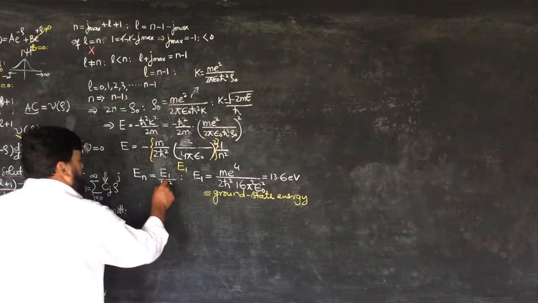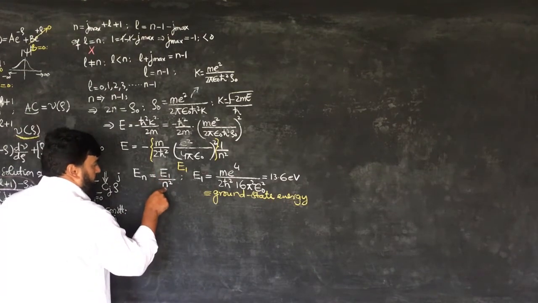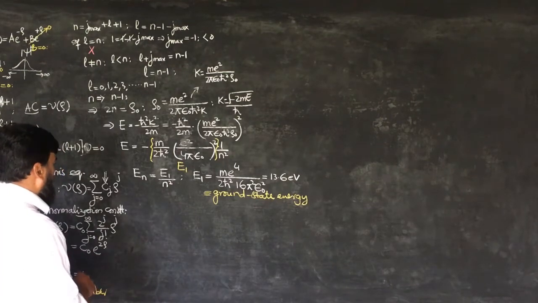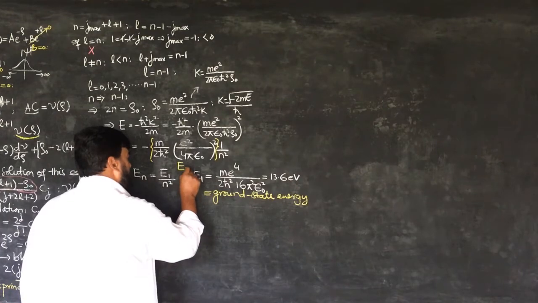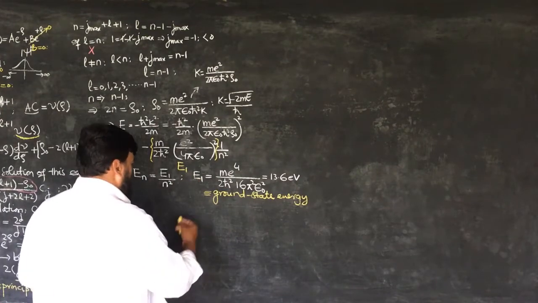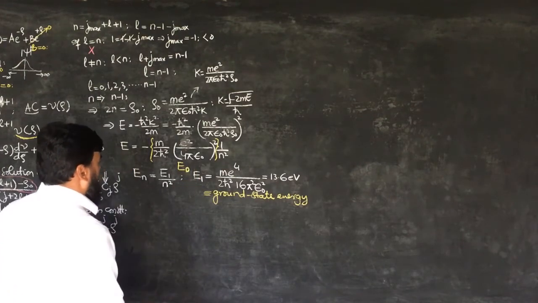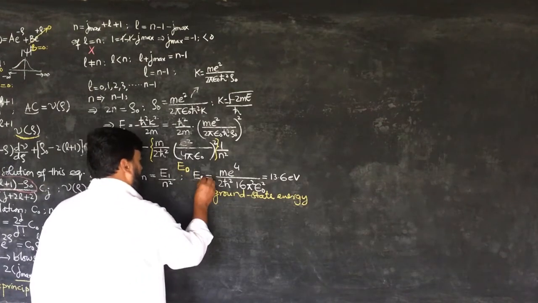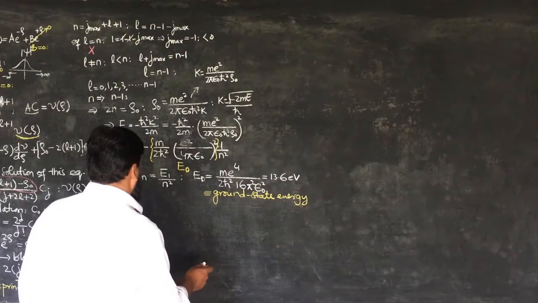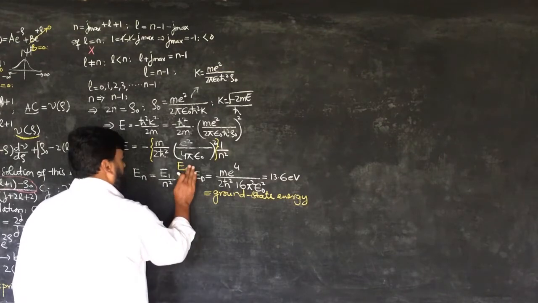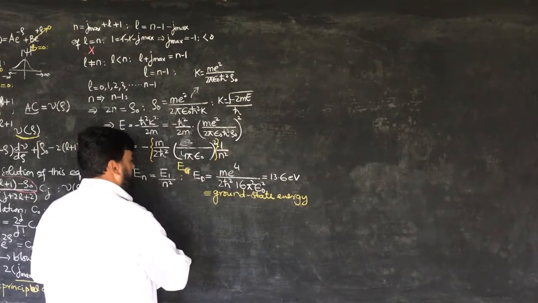So this is E1, and what will be the value of this? So let me call this value E0, which I will call the ground state energy. Why not call this with a subscript G for ground state.